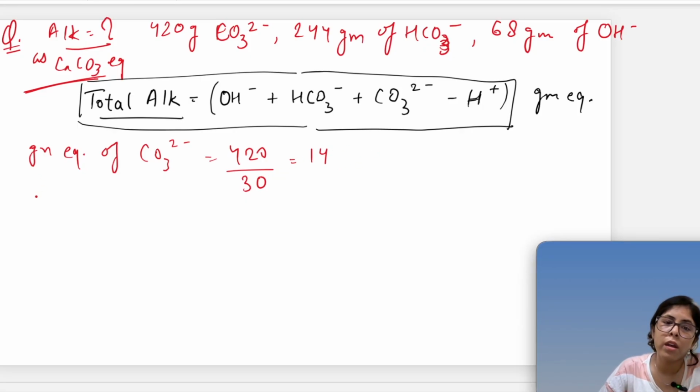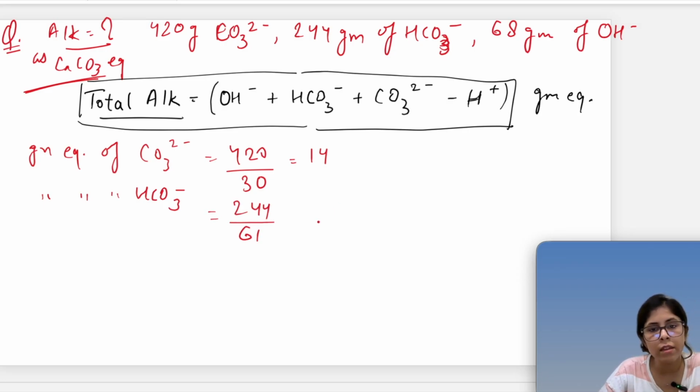And if I want to calculate the gram equivalent of HCO3 minus, HCO3 is 244 divided by 61, it comes as 4. And the gram equivalent of OH minus ions is 68 divided by the molecular weight of OH, which is 17, so it comes to be 4.